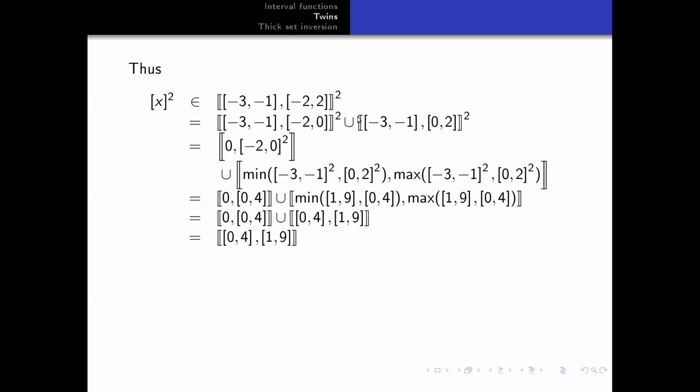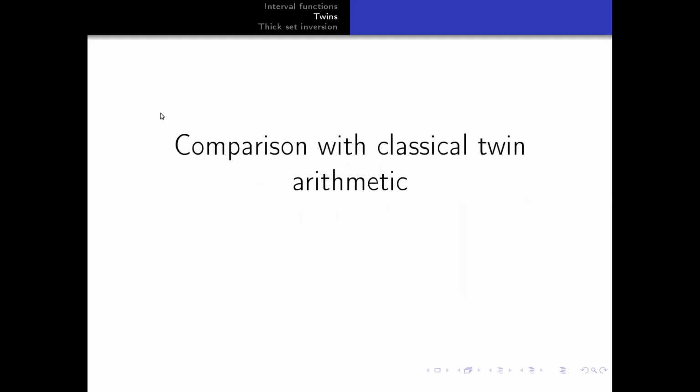I decompose it as a union of twins in different zones where the square is monotonic. And then I am able to compute, thanks to this decomposition, the smallest twin which contains the square of X. Okay.